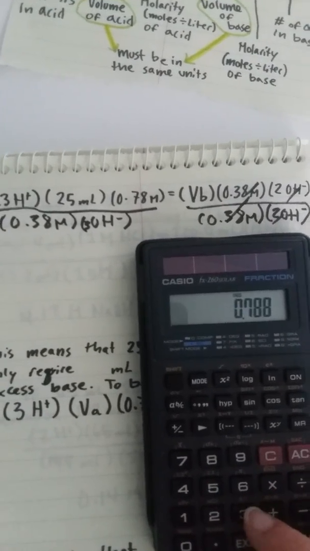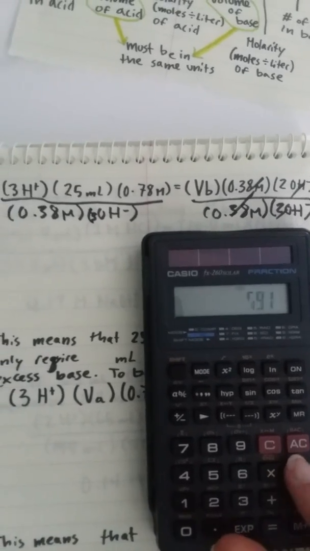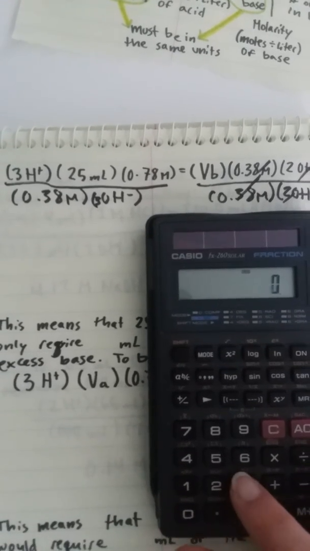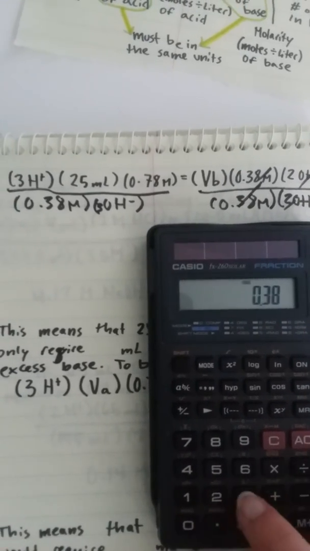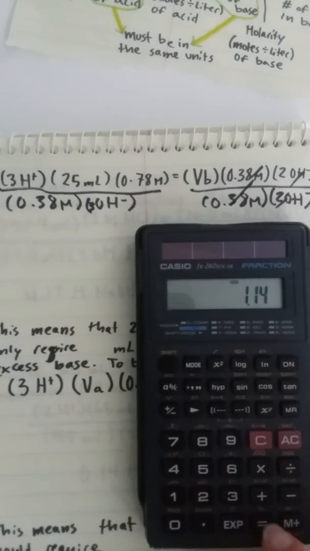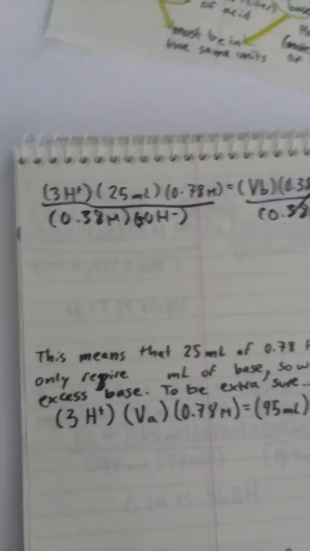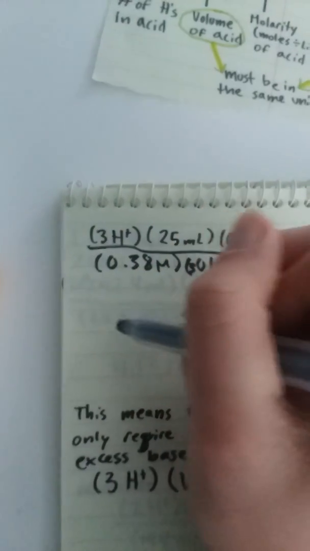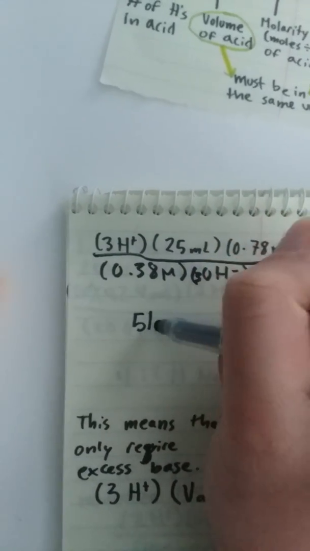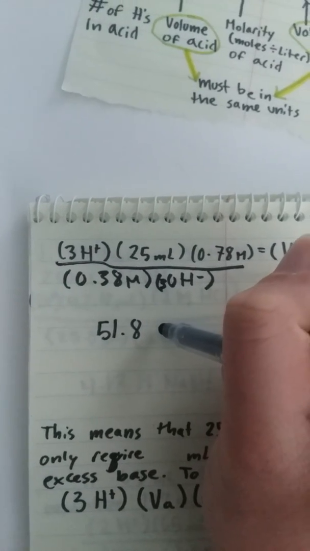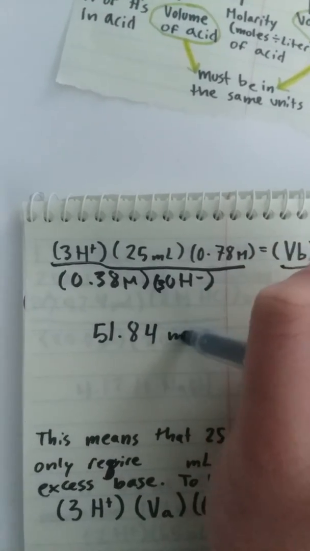Let's see, I think I have to do some parentheses here, so 0.38 times 3. I hope that's right. You can check me maybe. Yeah, so I got 51.84 milliliters are needed.